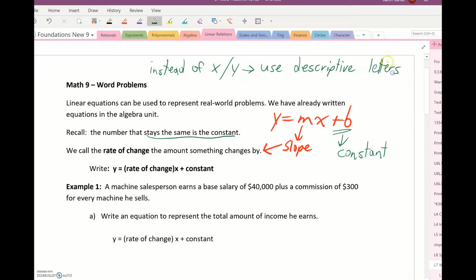Okay, so for example, H could represent hours, or if we're talking about pay, what letter could we use? We could use the letter P. Or if we were talking about days, we could use the letter D.